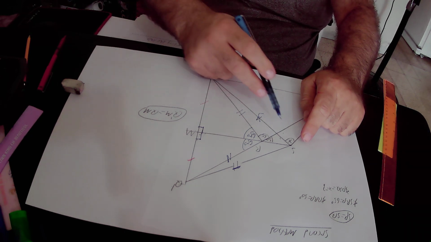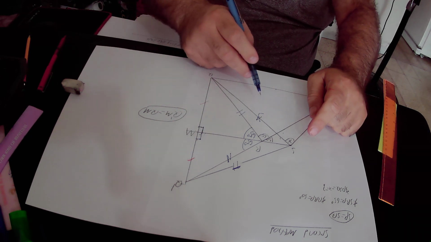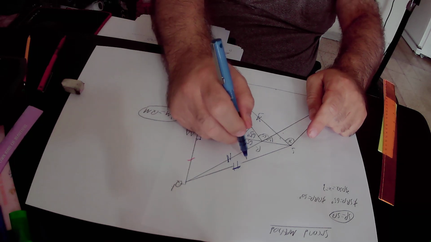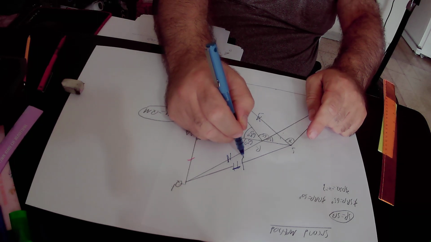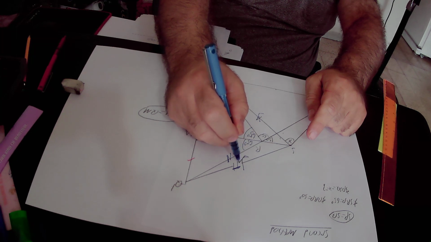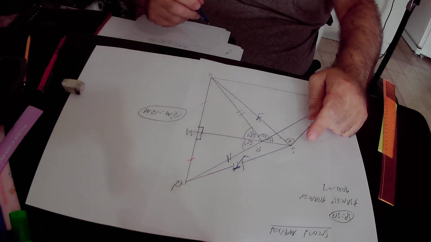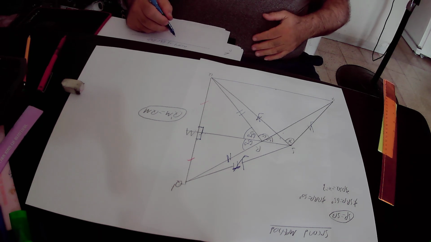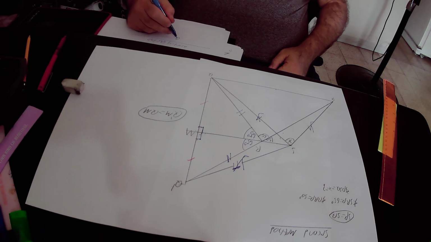SQ equals Y, so SQ dash will also be equal to Y. So QS equals Q dash S, and they are both equal to Y.